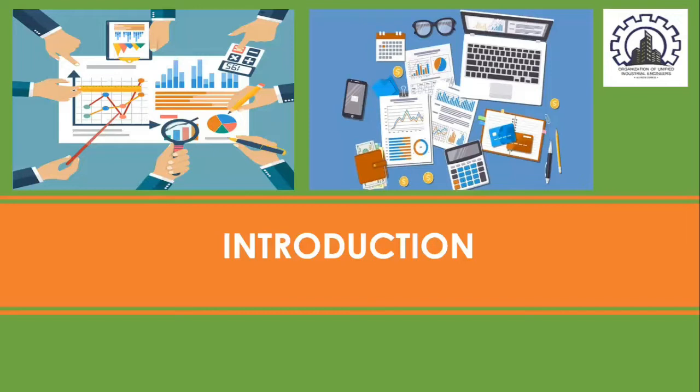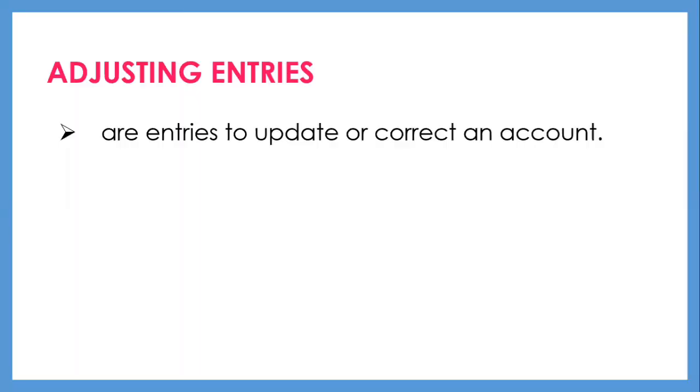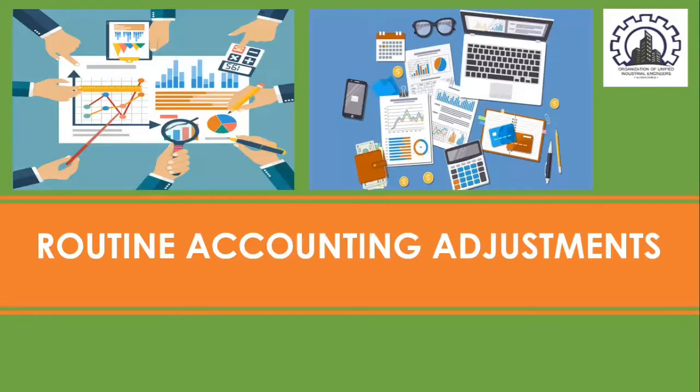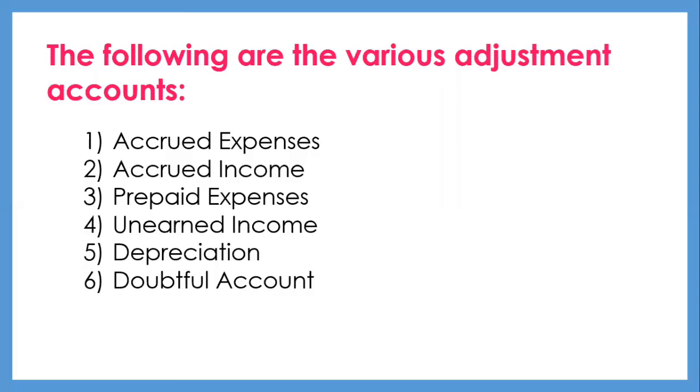So what is meant by adjusting entries? Adjusting entries can be defined as entries to update or correct an account. The following are the various adjustment accounts or the routine accounting adjustments: accrued expenses, accrued income, prepaid expenses, unearned income, depreciation, and doubtful accounts.